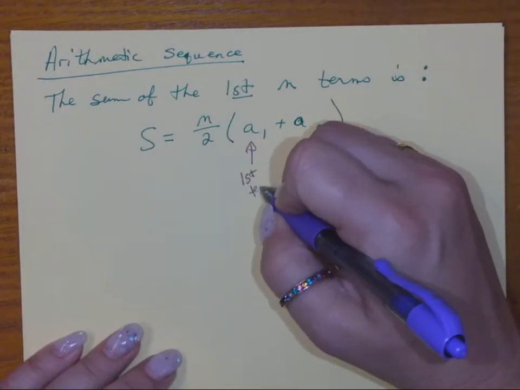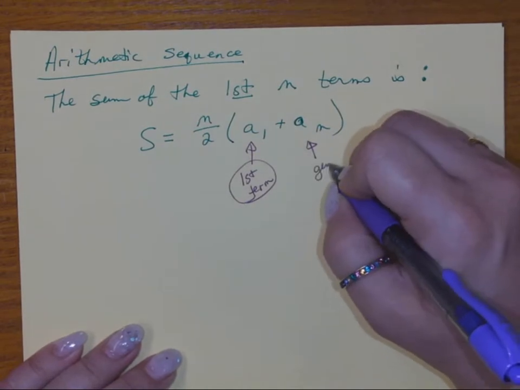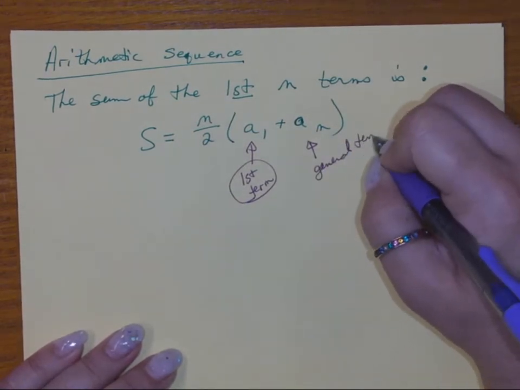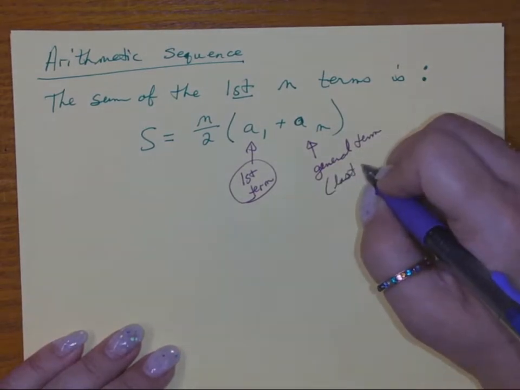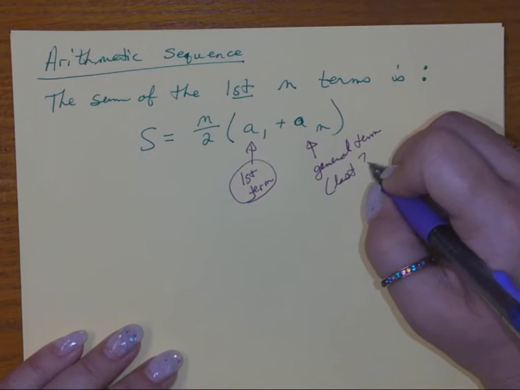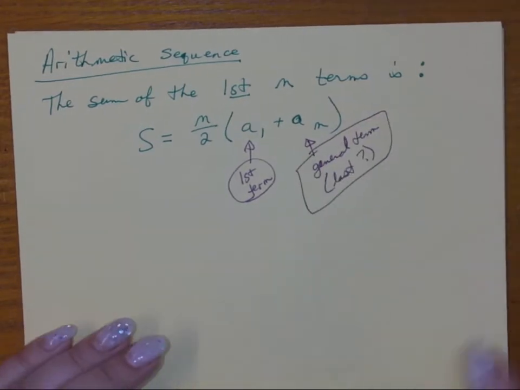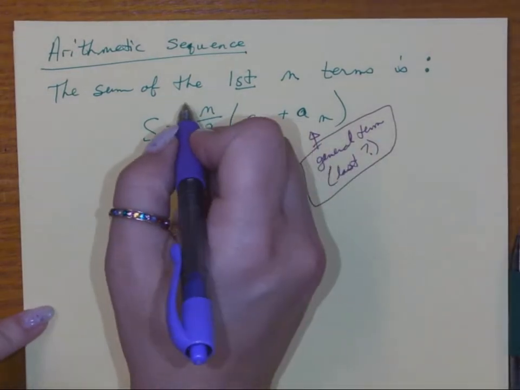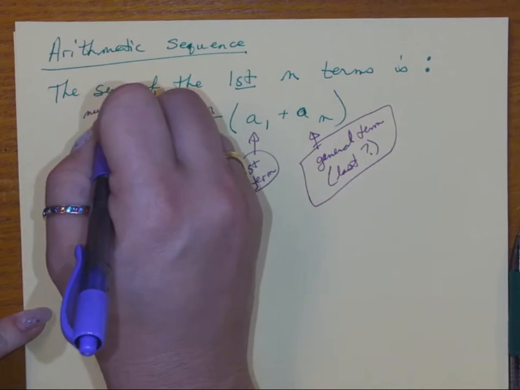First term in the sequence. And a sub n is the general term, right? Or often it'll be the last one I'm asked for. So a lot of times that'll be what happens too. The general. And n is just going to be the number of terms. Okay, number of terms.